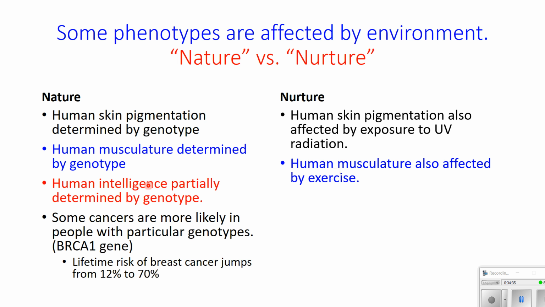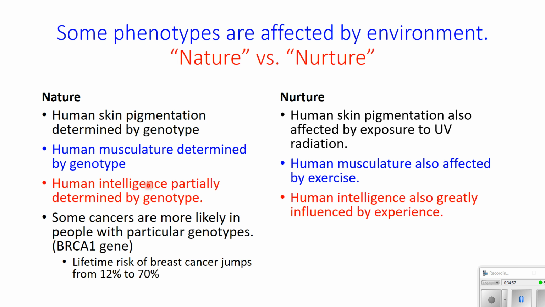Human intelligence definitely has a genetic component. There's no doubt that if both of your parents have a high IQ, if both parents have a high intelligence level, you are more likely, now there's no guarantees, but you're more likely to be intelligent yourself.